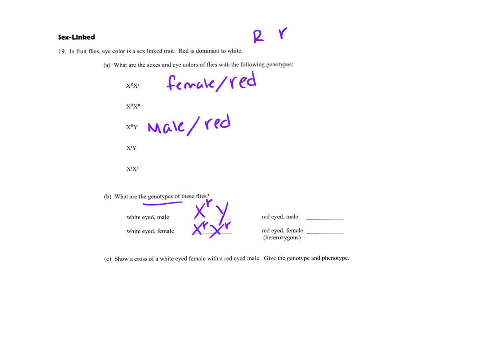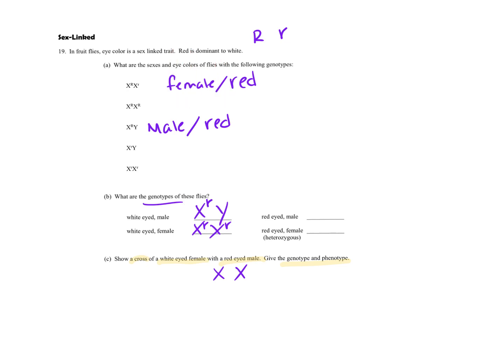And now we get to part C, which is the Punnett square part. It says show a cross of a white-eyed female with a red-eyed male and then give the genotype and phenotype. So again, I'm always going to start with the parents. I have a white-eyed female. So I know she's XX because it's a female. I go back to the top and I see that red is dominant to white.